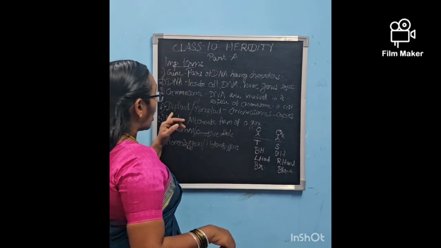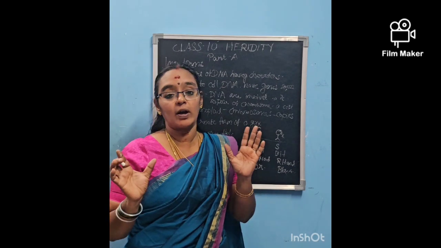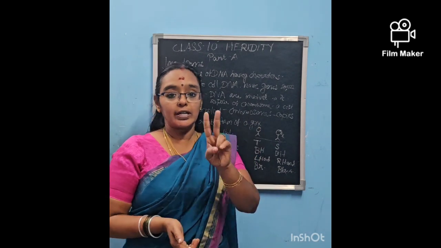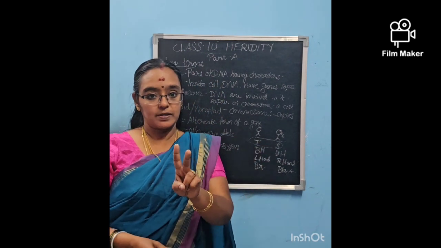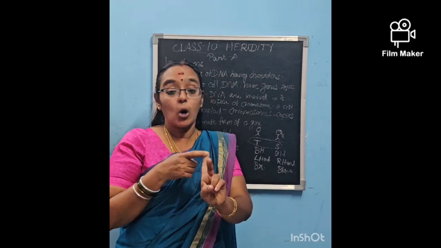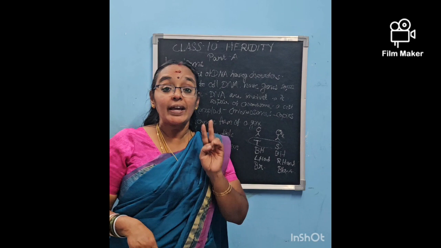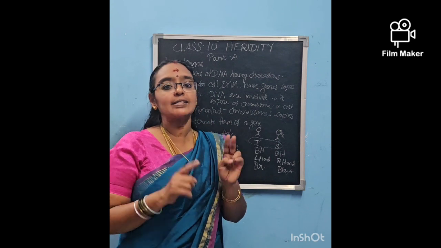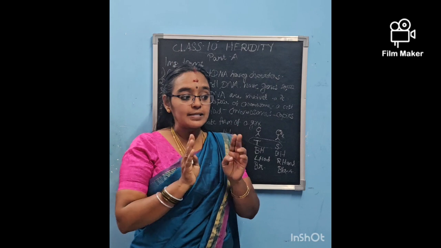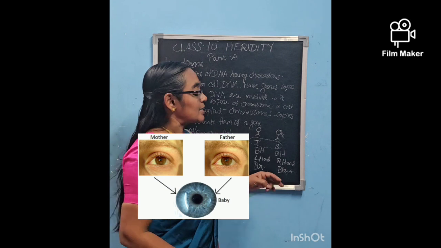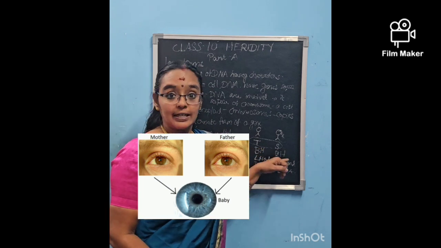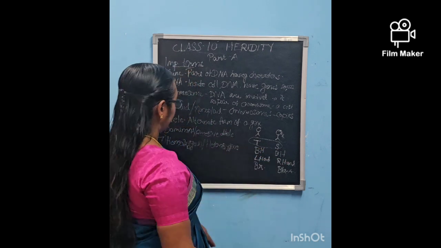So the alternate form of a gene is what? Allele. It means two types of forms. In the case of tallness and shortness, the child can be tall or the child can be short. So we call it allele. Alleles are characters which can be the same or which may be different. Tallness and shortness are the two alleles.